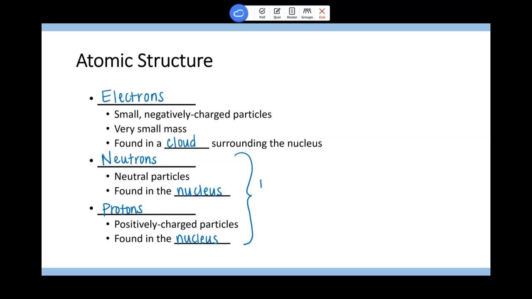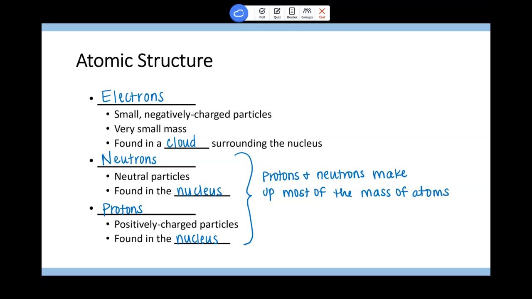They also make up most of the mass of atoms. Electrons have a much smaller mass compared to protons and neutrons. So the mass of an atom is mostly made up of the neutrons and protons.